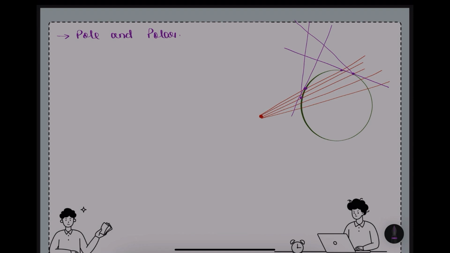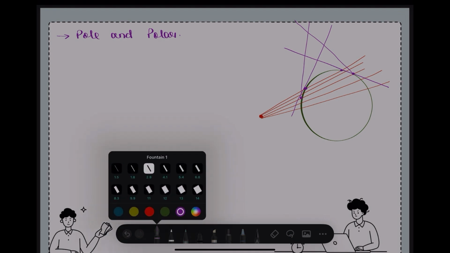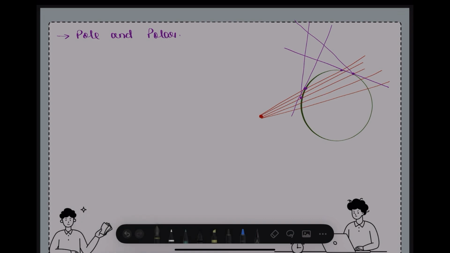So if you try to draw tangents at the end points where those secants pass through the circle, you will get a straight line. Okay, and this straight line will be unique. This will pass through the point of intersection of tangents from those secants.